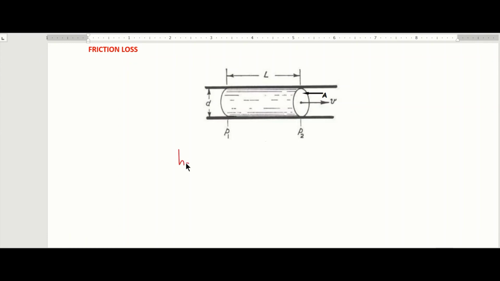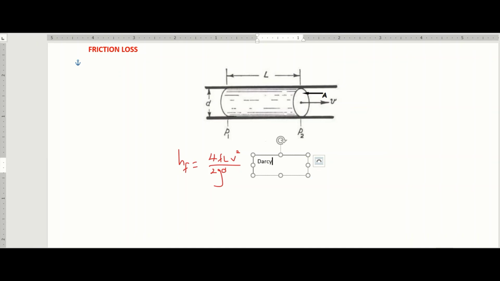HF is equal to 4FLV squared over 2GD. This formula is known as Darcy's formula.